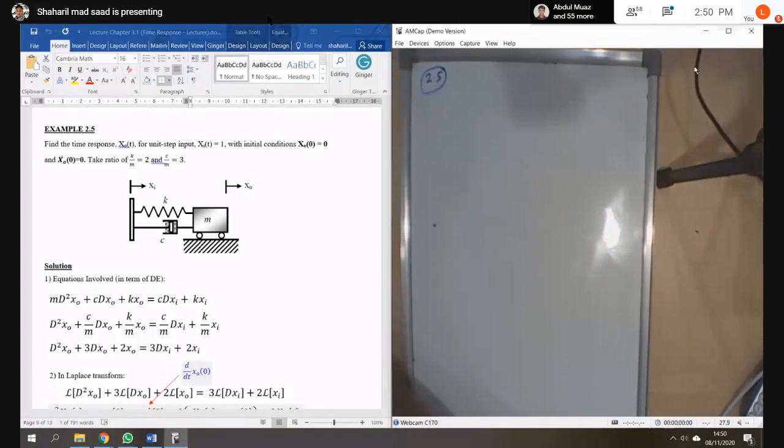Alright. So, for this equation, when we solve it, we do the free body diagram here.